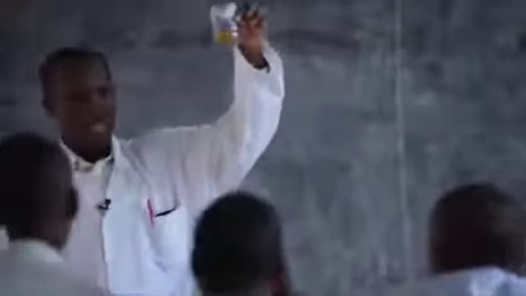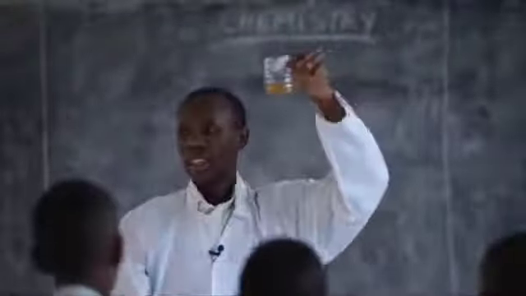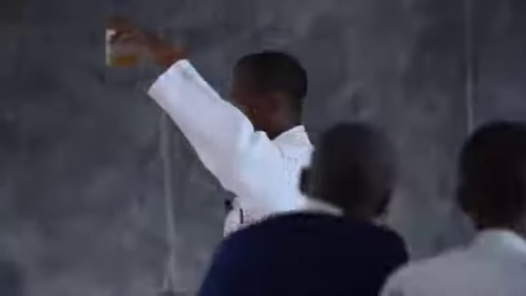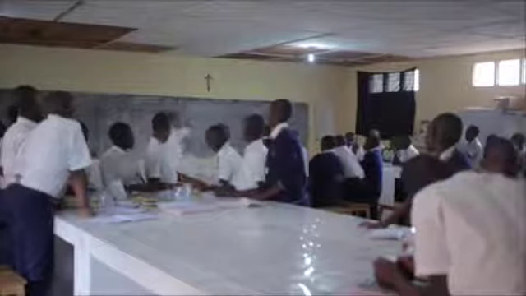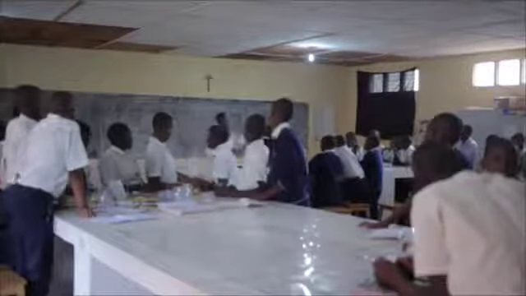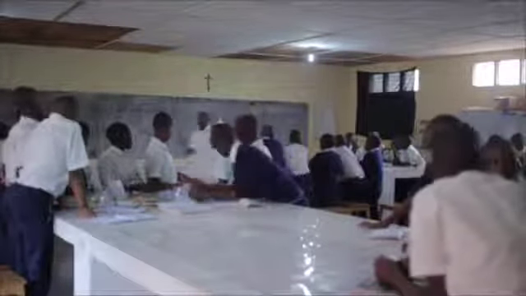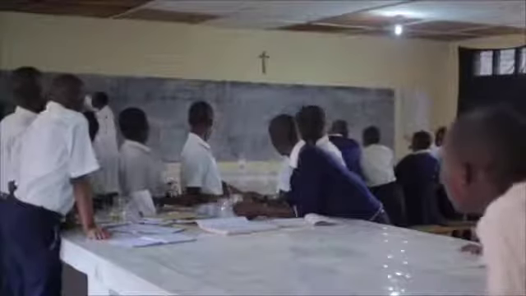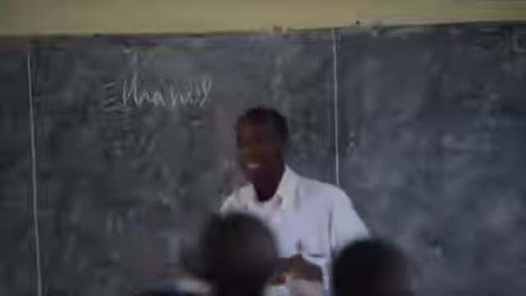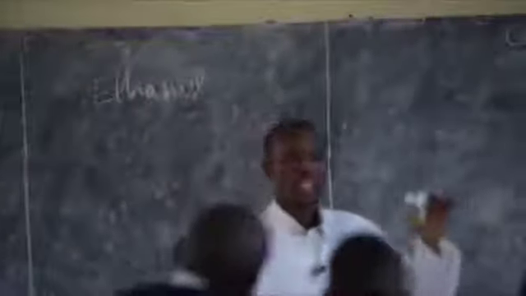The alcohol which we have in this crude alcohol, we consider it as banana. This one is from banana. It is banana wine or banana beer. In this banana beer, there is an alcohol. And that alcohol is known as, you know it? Yes. It's known as ethanol.